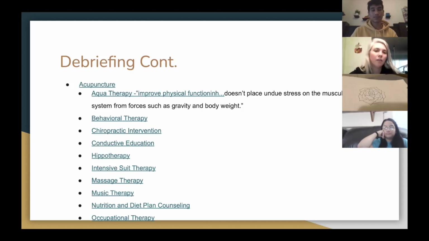There's also behavioral therapy, chiropractic intervention, conductive education, hippotherapy, intensive suit therapy, and massage therapy that can really relieve stress from the body. Music therapy does wonders for people with mental health disabilities, but also for physical disabilities in general. It can relieve stress on the body, but also the mind.